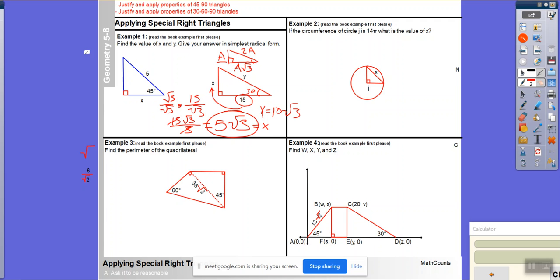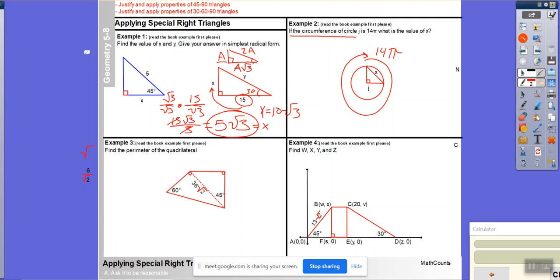All right, so for example 2, if the circumference of circle J is 14 pi, what is the value of x? So it says the circumference of the circle, so that is this whole distance around here, that's going to be 14 pi.